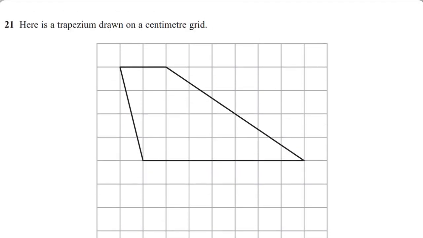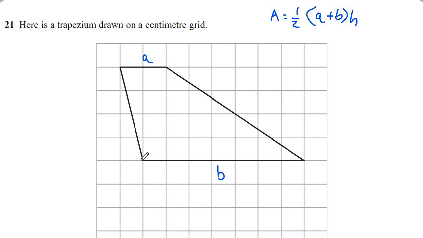So area of a trapezium is half A plus B times the height, where A and B are the two parallel sides.